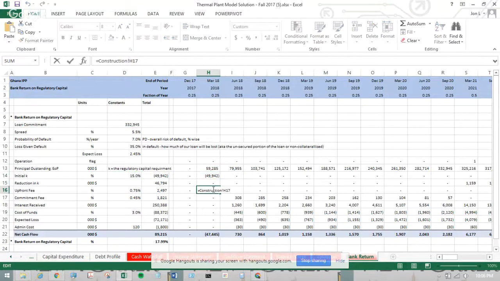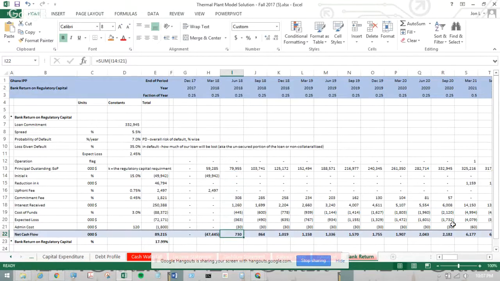Upfront fee, which is from construction, so it's money into the bank. And then here's cost of funds, all from assumptions. Expected loss. Anyways, and then you just sum up from initial K down to there.